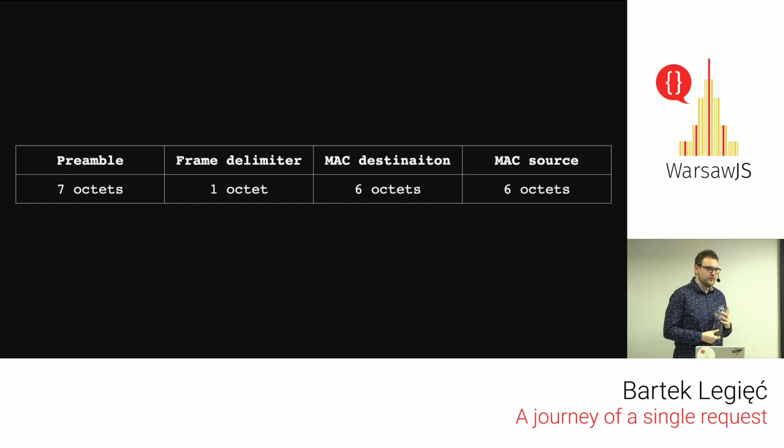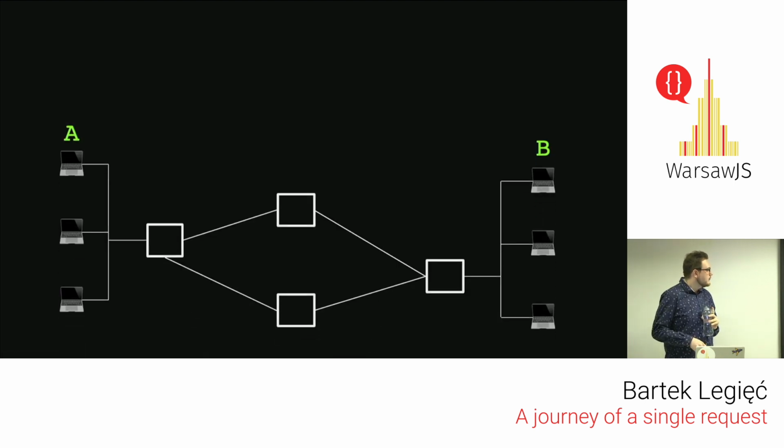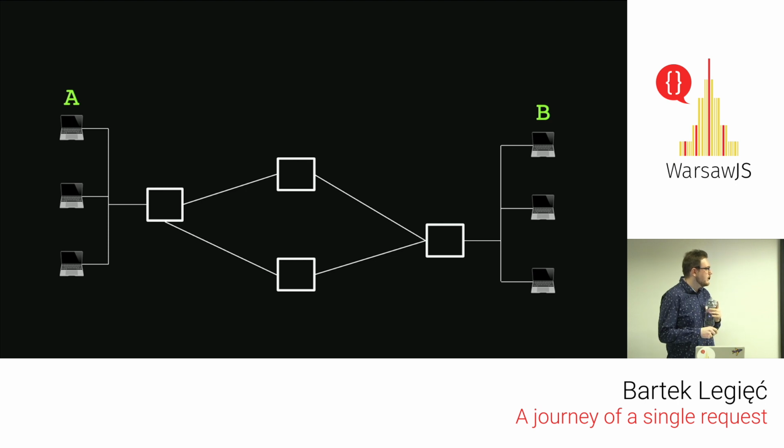But when you think of computers and networking and the internet, you use IPs instead of MAC addresses. And there's a simple explanation for this. Let's say we have a network like this, and we want to send some data from A to B. All of those are intermediate computers.